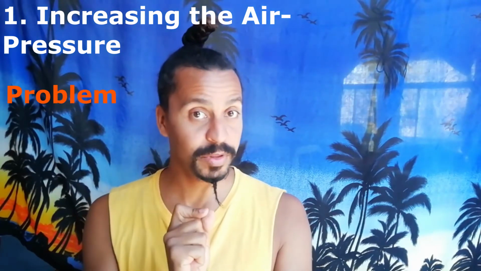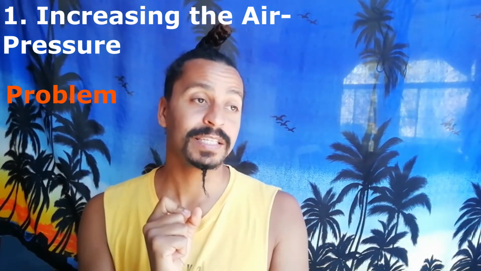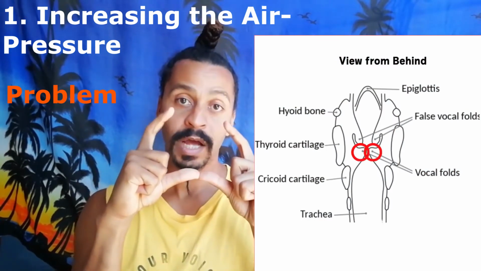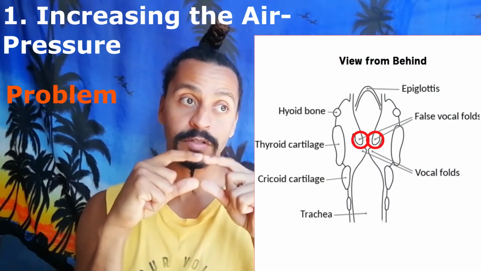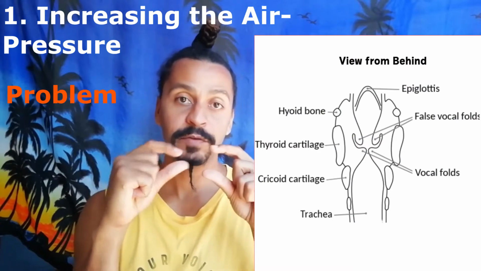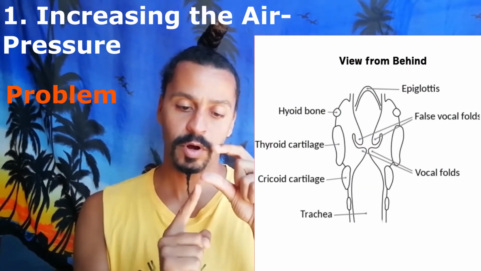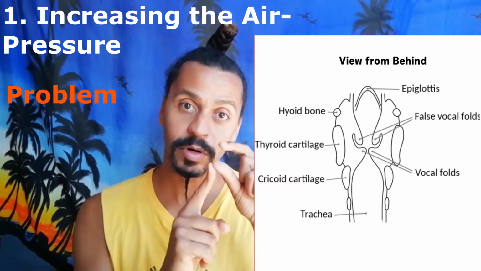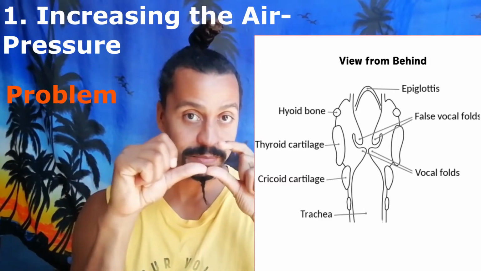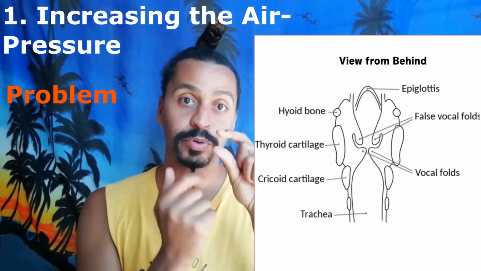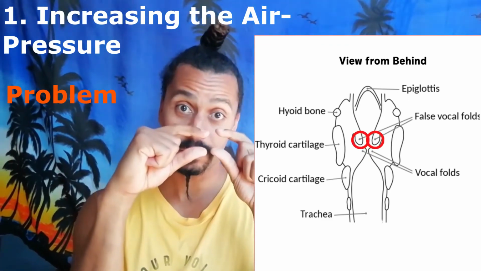Now, there's a problem with that, a major problem, because in the throat, above your vocal cords, sit the vocal folds, the false vocal folds. And if you push the air from below on top, on your vocal cords, then they might vibrate or flutter faster, but they're also pushed upwards towards the vocal folds.